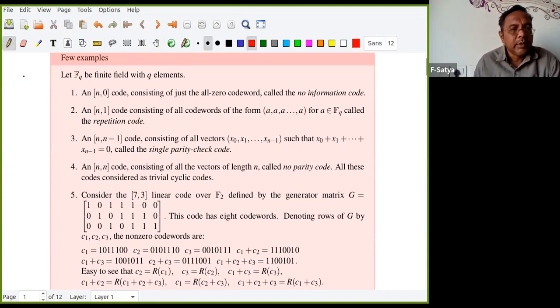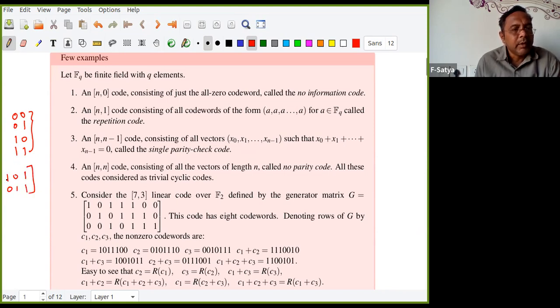So I can explain one example. For example, you take 000, 011, 101, 110. Now what is my generator matrix? You remember, right? I take any two vectors here, so I take 1, 0, 0, 1 as it is, these two, but I will add something, 1, 1.